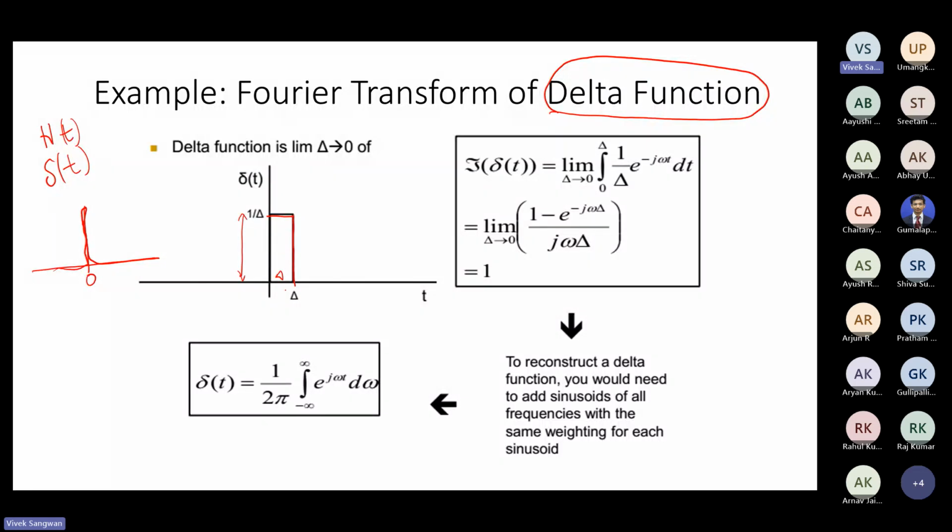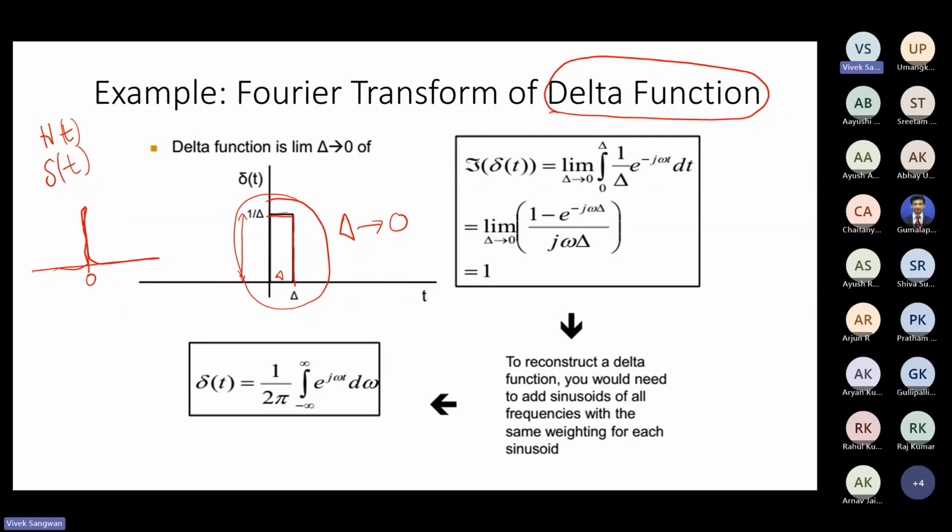So the area, no matter what value of delta you choose, is 1 by delta times delta, which is 1. So this capital delta function, in the limit delta goes to 0, becomes a Dirac delta function.